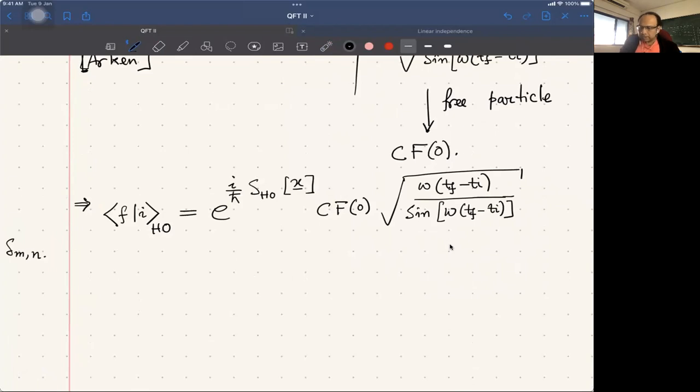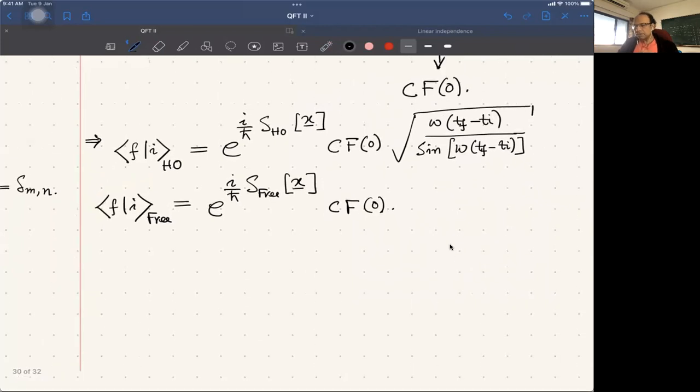Now, if I do the same calculation for a free particle, then I would get e to the power i by h bar times s free particle, times c times f of 0. It is a straightforward job to calculate this s free particle.